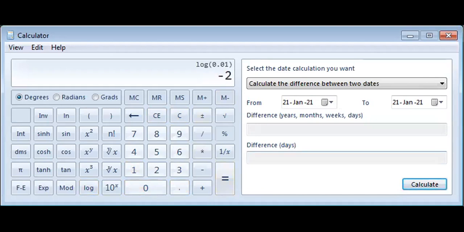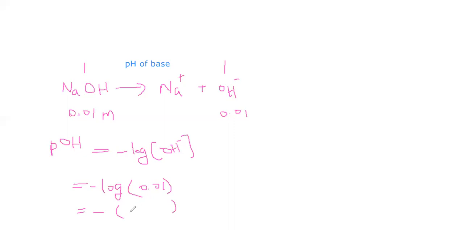The answer is minus 2, sorry, and the answer would be 2. So this is how you can calculate the pOH of the base.